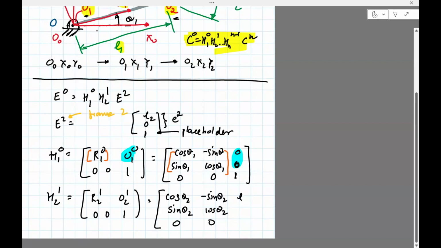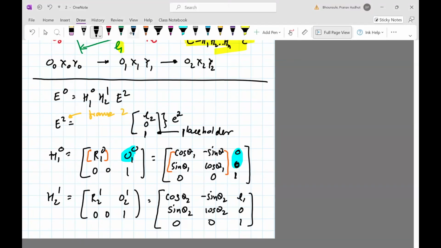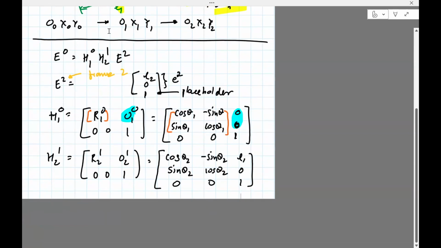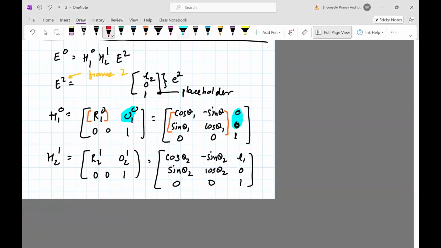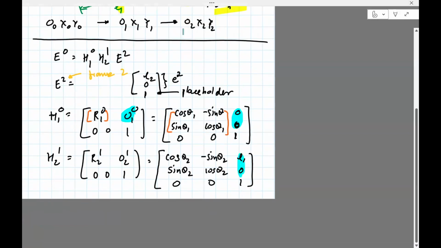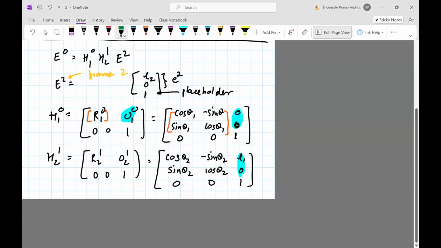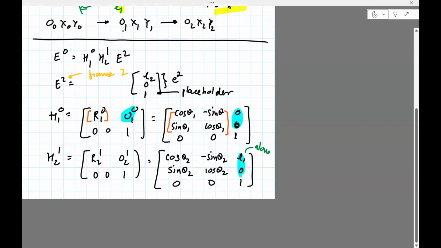So it'll be L1, 0, 1. You might want to make a note of this. This is along x1, and that's why it is what it is. Yeah, so that's all to it.